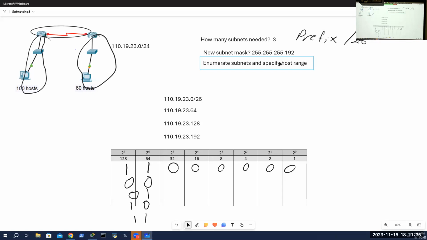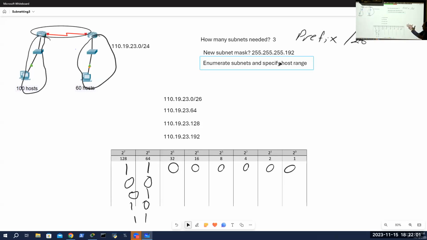So basically, this is an undoable problem. You can't do it with traditional subnetting as we've been doing it, where all the subnets get the same subnet mask. So this is the whole reason for variable length subnet masking. We've got 254 addresses. We only have 162 host addresses we need.